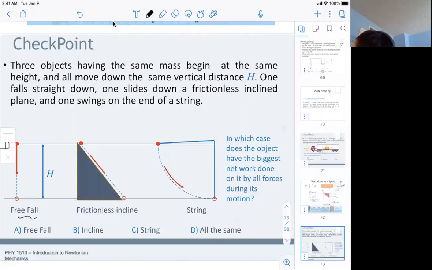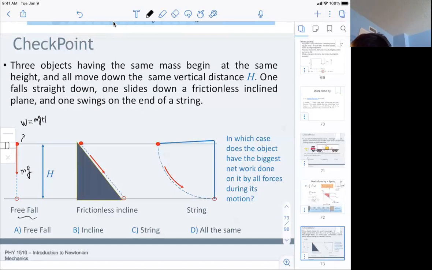So it's asking in which case does the object have the biggest net work done on it by all forces during its motion? So let's look at them one by one. The first one, the only force acting on the object during free fall is the gravitational force, right? So here, all the work done is simply the work done by gravity, which is mg times height h, positive.